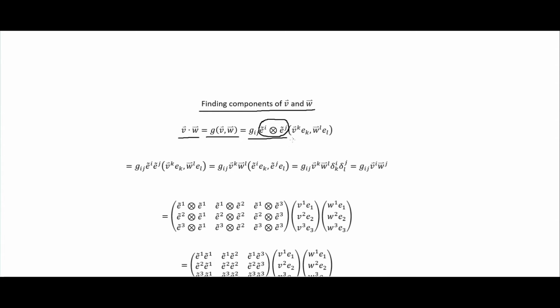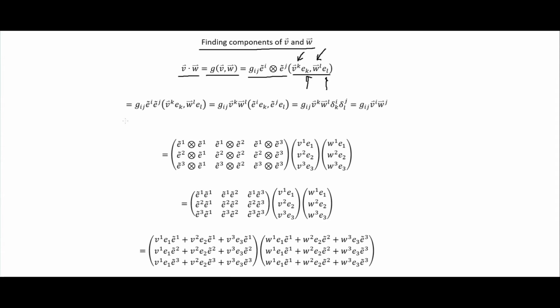And then we are acting that as a function on our two vectors here, where these are the vector components, the v^k and the w^l. Then these e's are our basis vectors. And so we have the metric tensor here. So this is still the same thing as having this here. I'm just leaving it implicit.